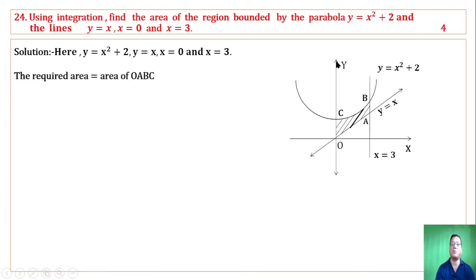This parabola opens upward and does not pass through the origin as 0, 0 does not satisfy this equation. And x equal to 3 is a straight line parallel to the y-axis at a distance 3 units from the origin to the right, and y equal to x is a straight line bisecting the first and third quadrant, and the area enclosed by them is this shaded region.